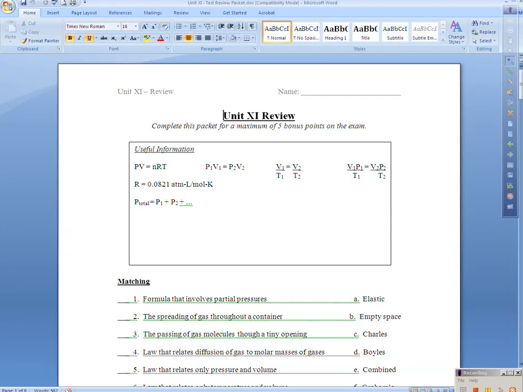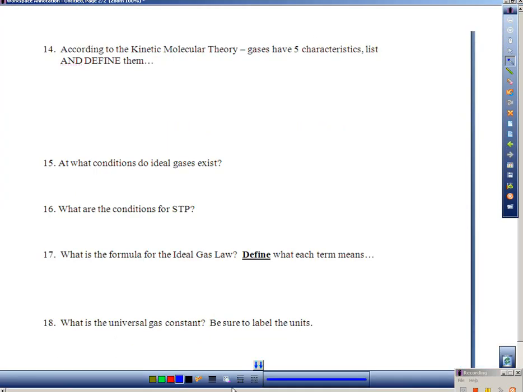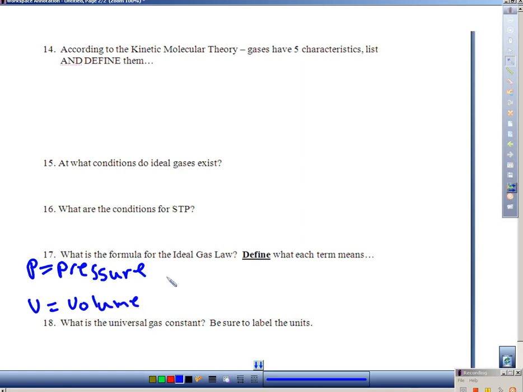So now, let's do this. What's the formula for ideal gas law? We got P, which is pressure. You got V, which is volume. N is your moles. R is universal gas constant or ideal gas constant. Either one works.